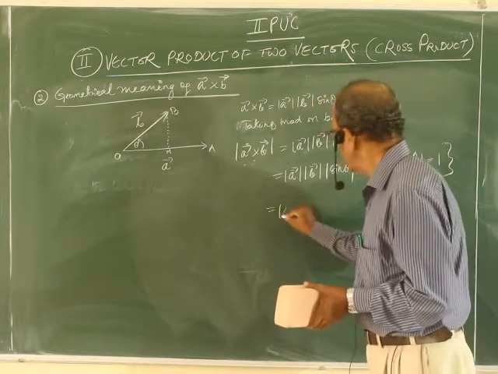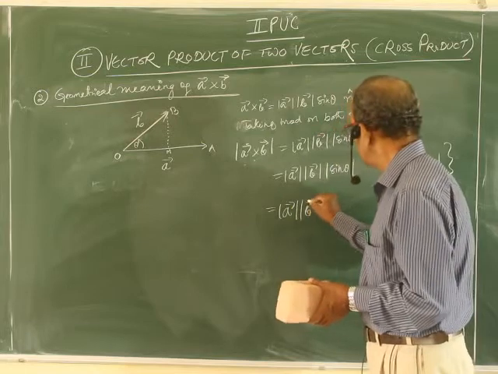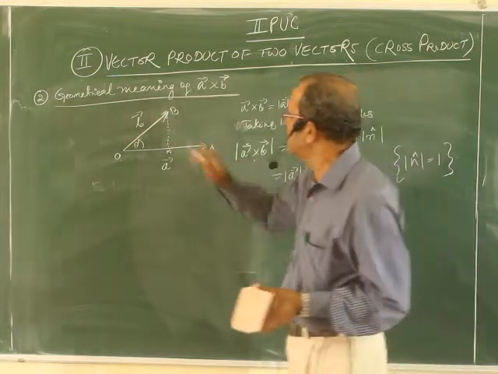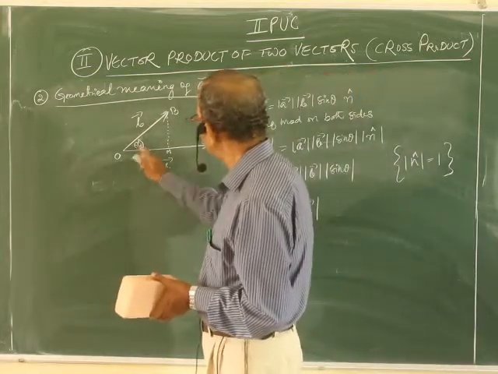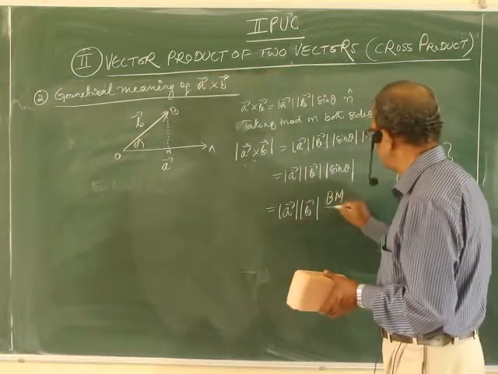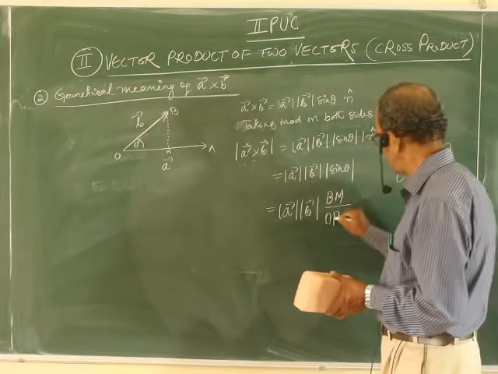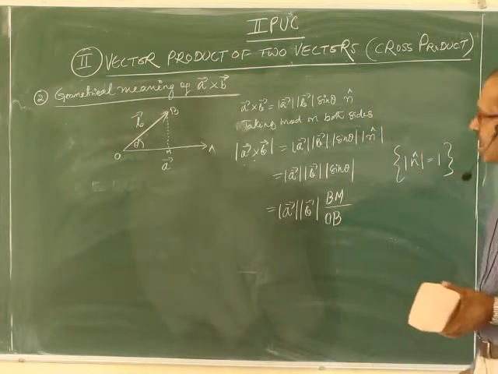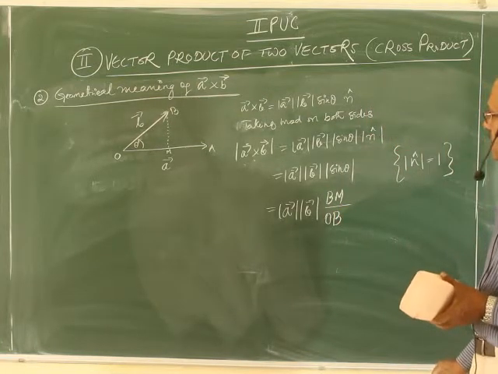Again continue. Mod A, mod B, sin theta. Sin theta means opposite side BM divided by hypotenuse OB. Sin theta from the triangle is BM divided by OB.